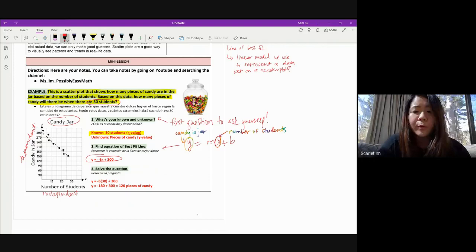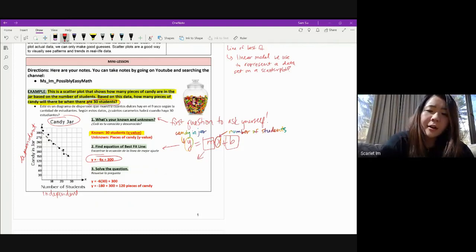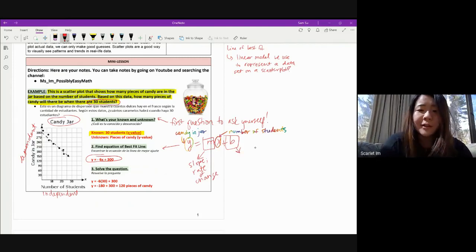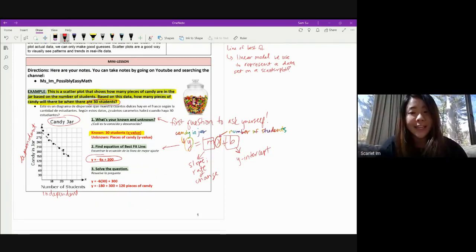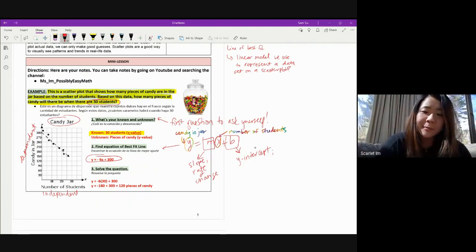Now, what we need to figure out is our m and our b. Our m is our slope, or our rate of change. I don't know why they use the letter m. Mathematicians are kind of weird sometimes. And we have to figure out our y-intercept, which, for those who joined my live session on Tuesday, remember, is the point where the line crosses the y-axis.